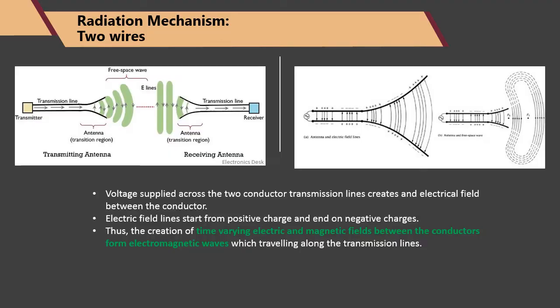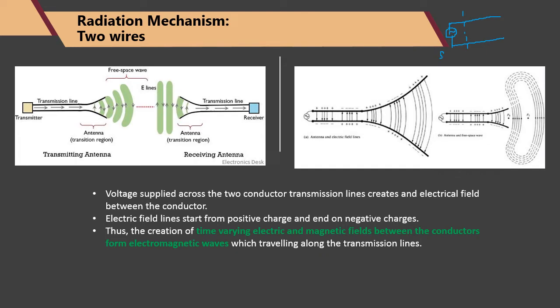Okay, next is the radiation mechanism for two wires. So when we have two wires and we have an AC source. Why do we need an AC source? Because we need oscillation. When there's oscillation and a time varying field, it will create the electromagnetic wave, and that's radiation.